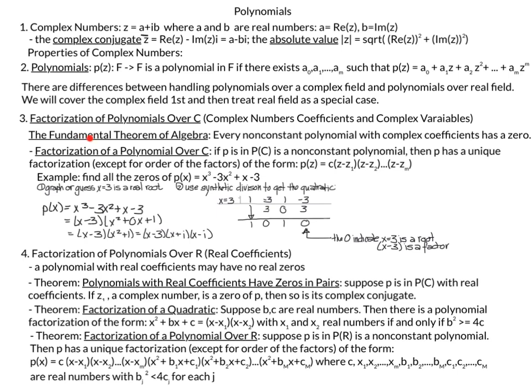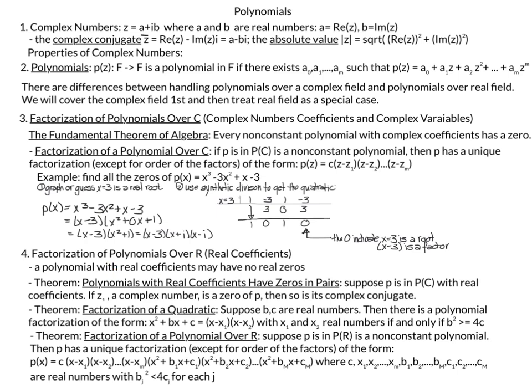So we had the first fundamental theorem of algebra: every non-constant polynomial with complex coefficients has a zero. We defined how to factor polynomials over C, and we used synthetic division and this example in the main part of our video. We then talked about factorizations of polynomials over R with real coefficients.